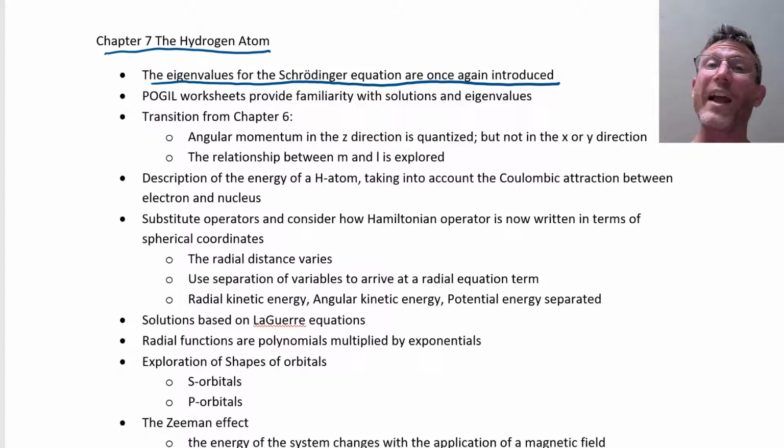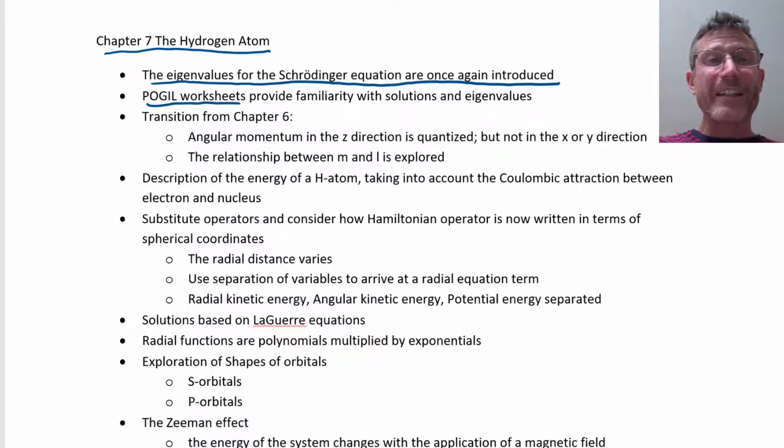And what we ended up doing is we worked on these Pogil worksheets, chemical activity 7, 8, 9, and 10, and then later 14 and 15. So we start to work more with these Pogil worksheets to really get a feel for what's going on as we get to these really complicated solutions to the Schrodinger equation for these more complex systems. How are they more complex?